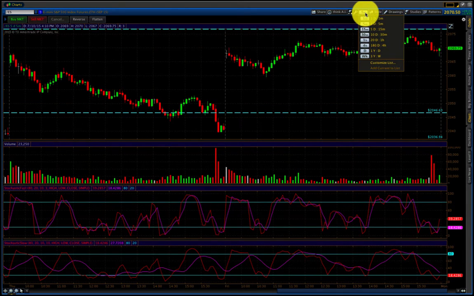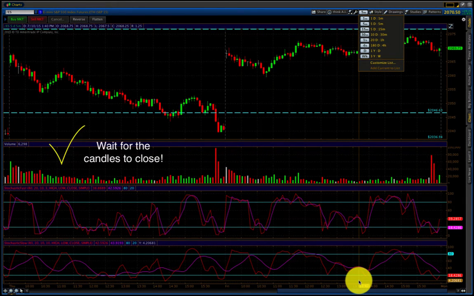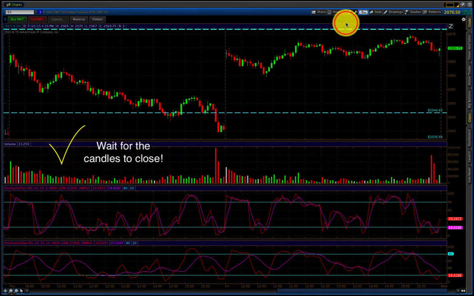The trick is, obviously, I want to make a couple videos looking at this when the market's actually open, but the trick is waiting for the candles to close to get confirmation, because as these lines are actually being drawn, they can look pretty confusing. Until the candle's finished and the numbers are in, it's really hard to plot this out. I think that's maybe what I fell victim to before.